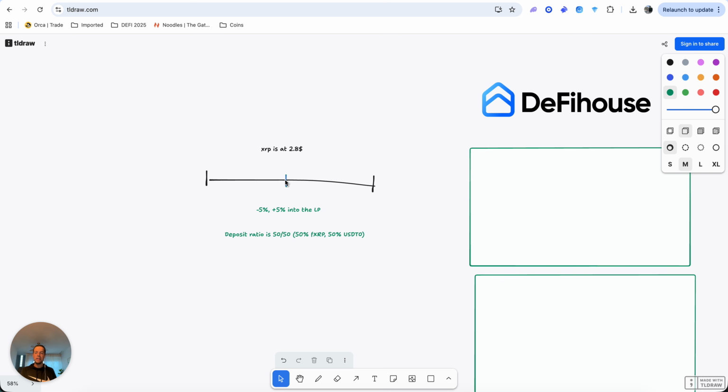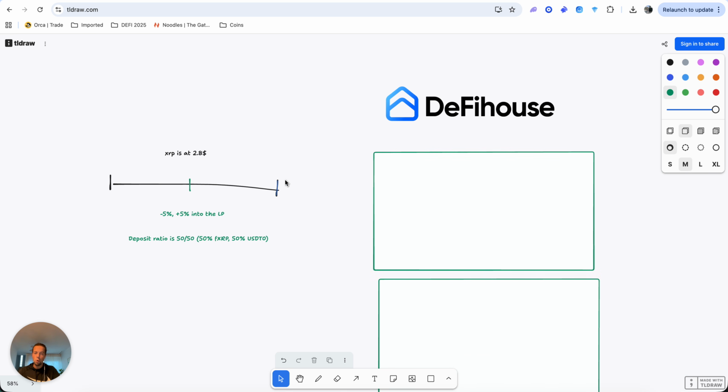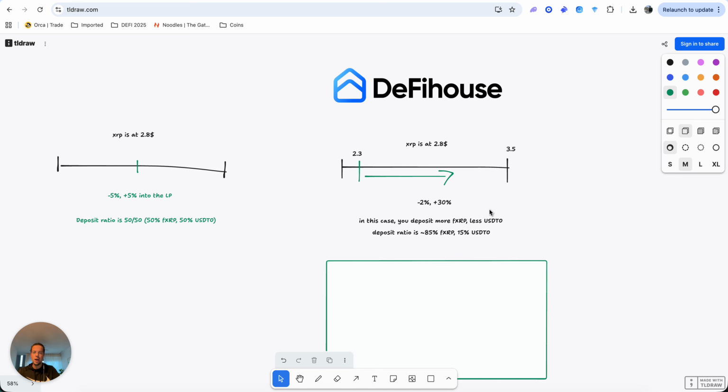So if you only have FXRP in your wallet and you want to deploy into the pool in 50-50 proportion, you will be selling your XRP, which may not be a good idea based on the current market conditions.